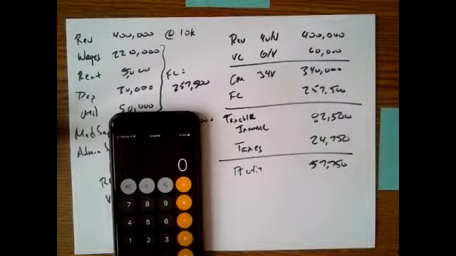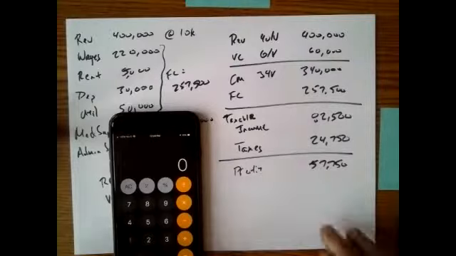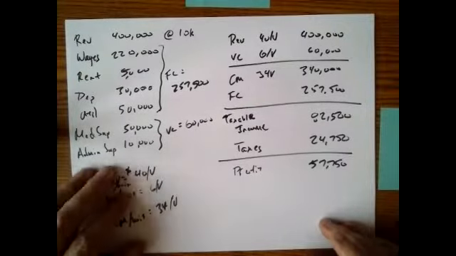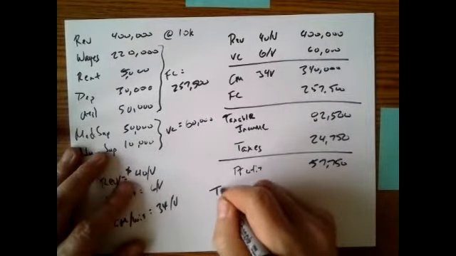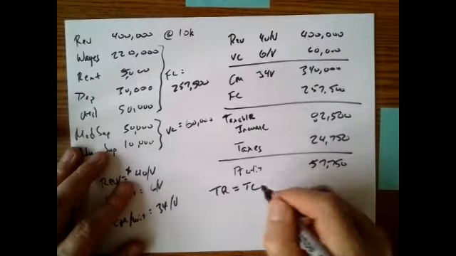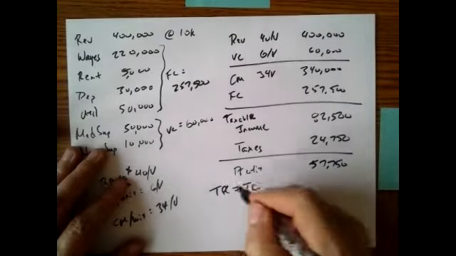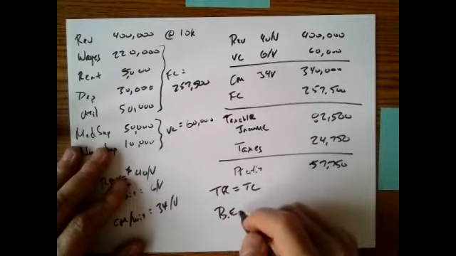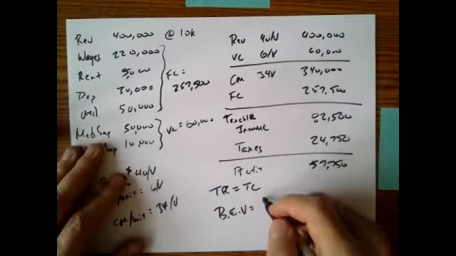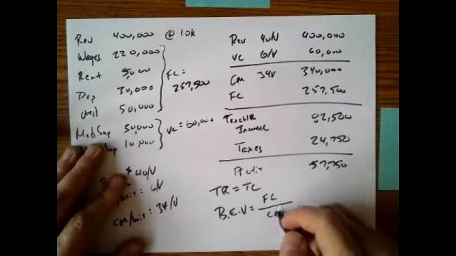What number of visits is required to break even? Well, at break even, we would have total revenue equals total cost, so therefore we would have no taxable income. So it's actually a slightly simpler problem. As I've said a couple of times in prior problems, total cost equals total revenue, and you can extract out of this that the break-even volume is going to be the fixed cost divided by the contribution margin.